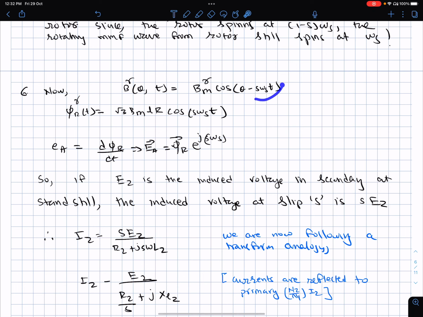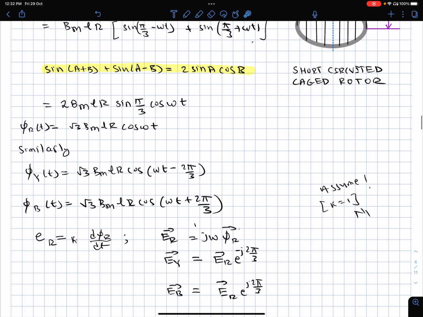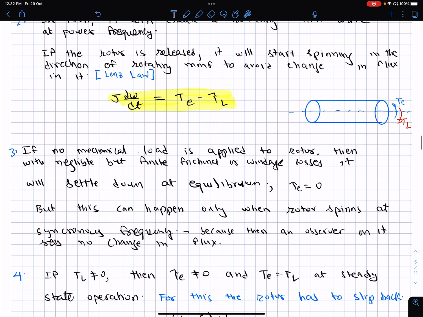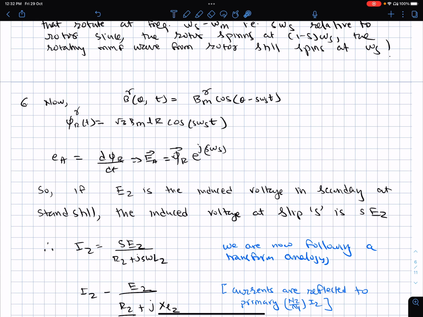So when they see this frequency rotating mmf wave, you can calculate the flux associated with the rotor winding in exactly the same way as I did for the stator, and conclude that they will see a sinusoidal or cosinusoidal flux changing through the winding at slip frequency, that is s omega s, and therefore a rate of change of flux induces an EMF here also.